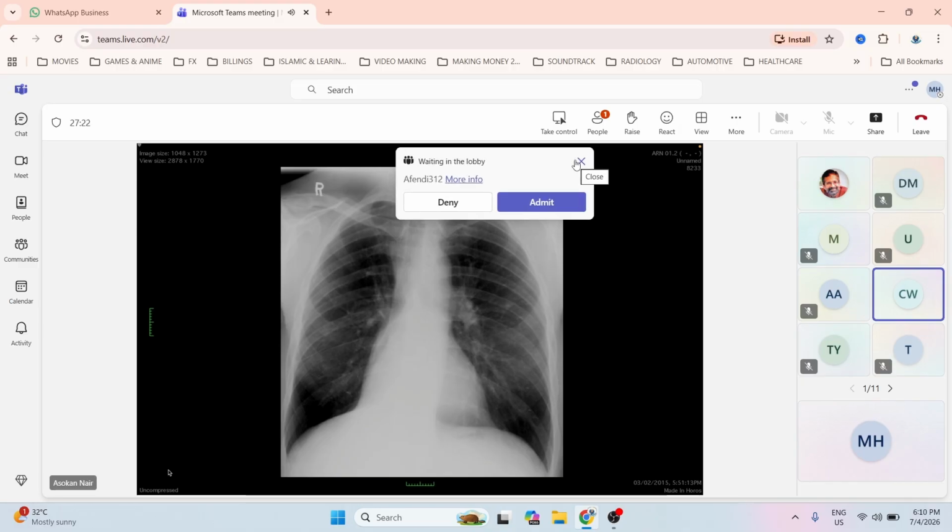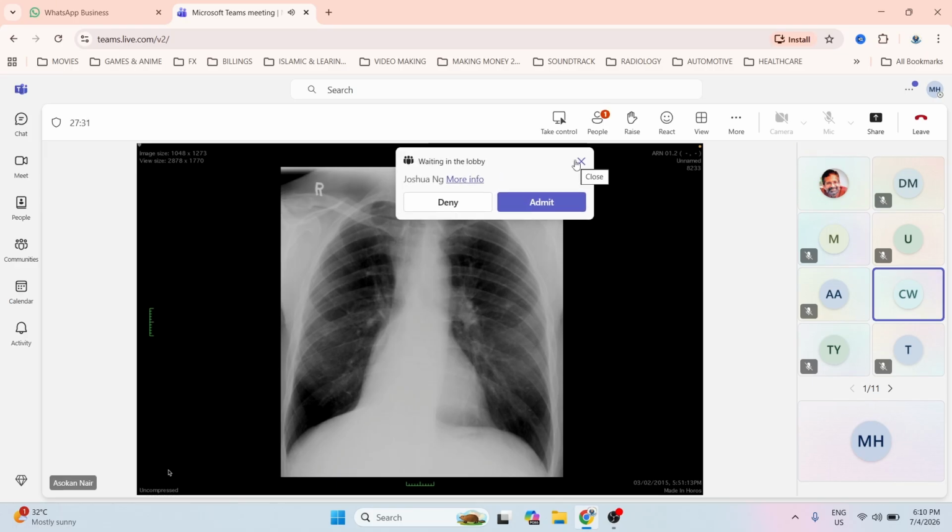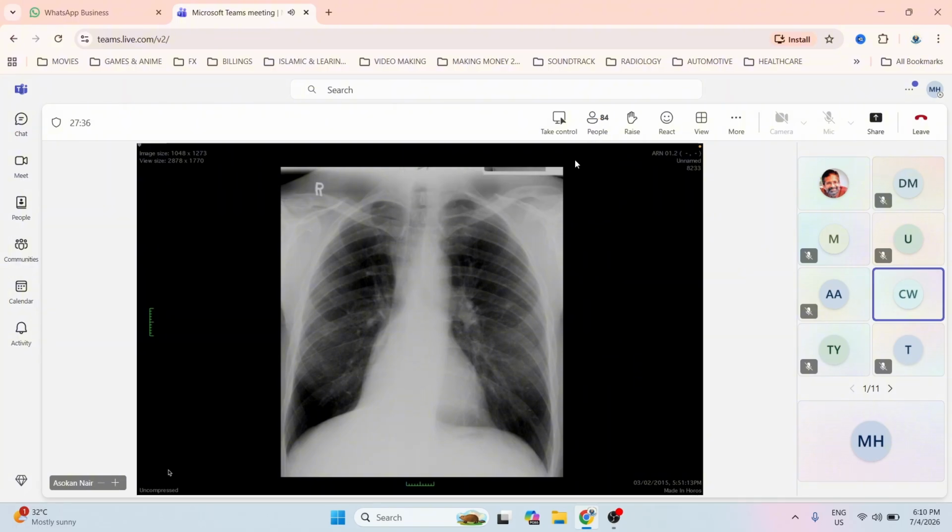There's a triangular opacity in the right lower zone, which obscures the right hemidiaphragm. So it's suggestive of right lower lobe collapse. Otherwise, no pleural effusion, both hila unremarkable. No soft tissue abnormality, bones are also unremarkable. Trachea is midline. So this is a case of right lower lobe collapse. We would like to suggest a CT thorax to look for the cause, maybe bronchogenic carcinoma.